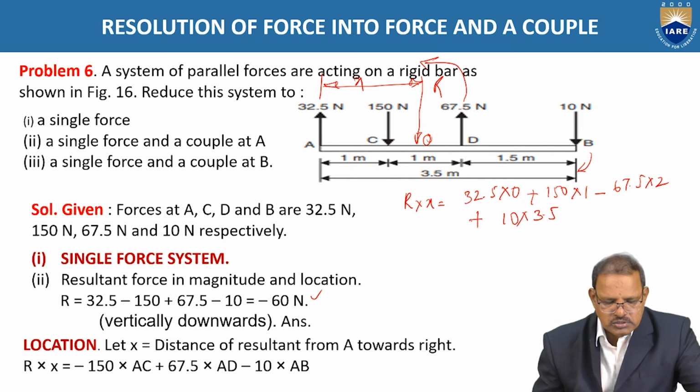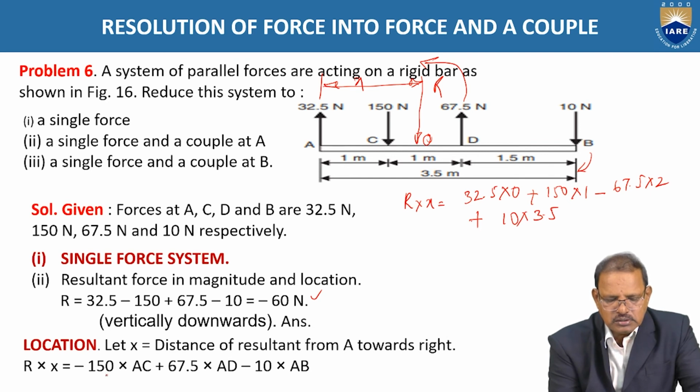So by solving these equations we get R into x is equal to minus 150 into AC, that is 1, plus 67.5 into AD, minus 10 into AB.